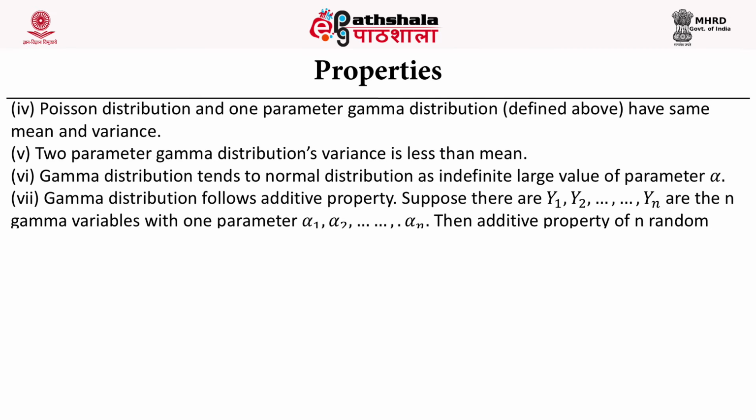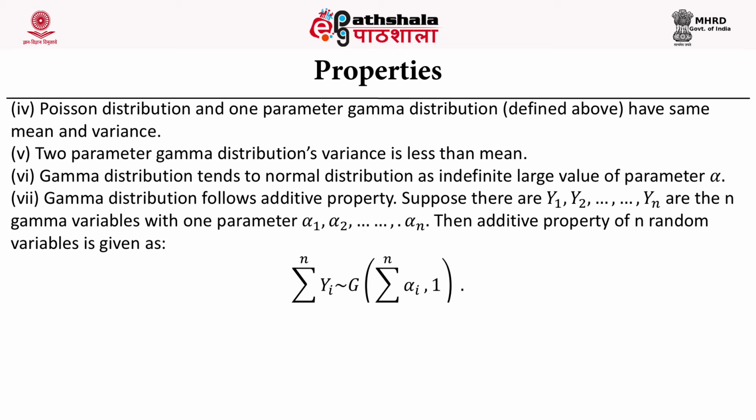Suppose Y1, Y2, and so on up to Yn are n gamma variables with one parameter alpha 1, alpha 2, up to alpha n. Then the additive property of n random variables is that the summation of Yi, where i varies from 1 to n, follows a gamma distribution with parameter summation of alpha i, where i varies from 1 to n, comma 1.